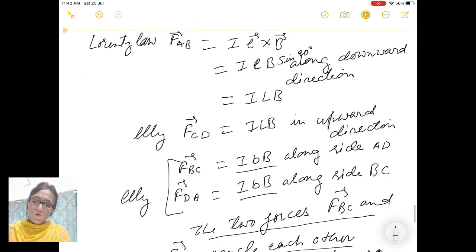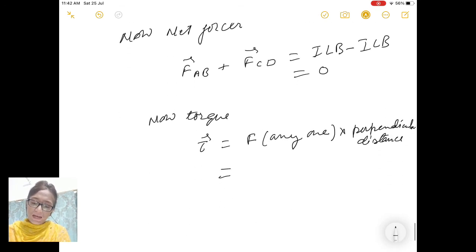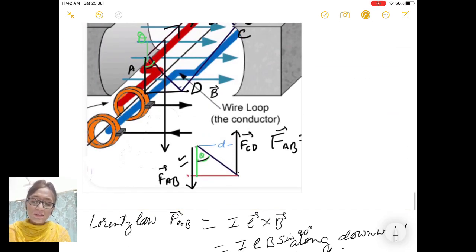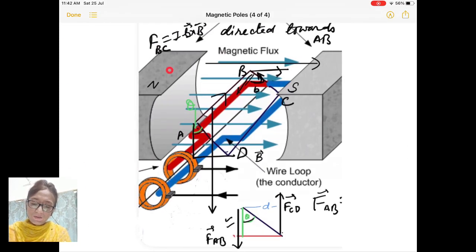So your force is equal to ILB. And the perpendicular distance, let me find.